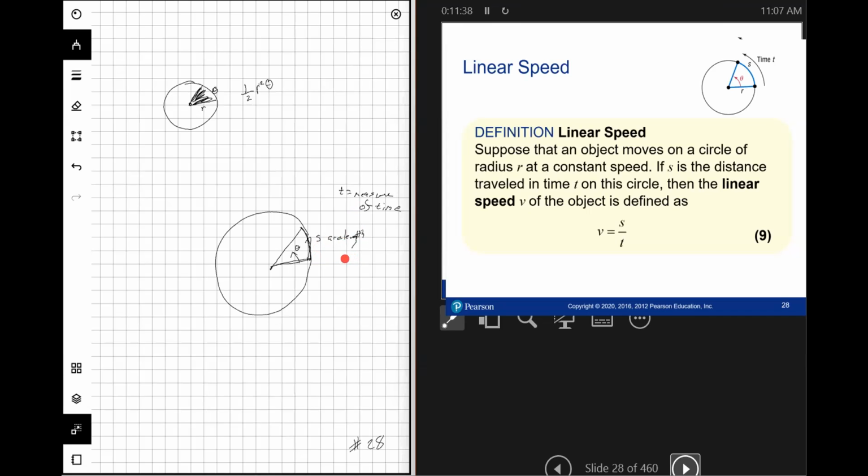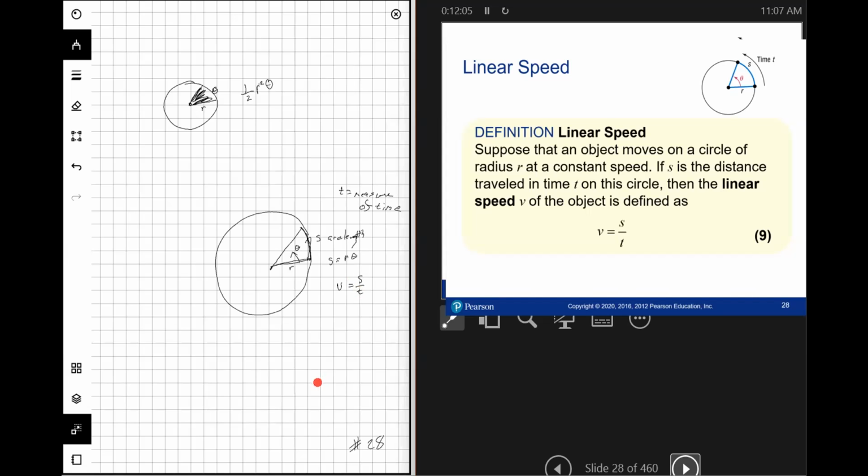Which is r theta. So we have r here is what s is. And so the velocity, the speed is how far, s, being divided by how long it took to get there.